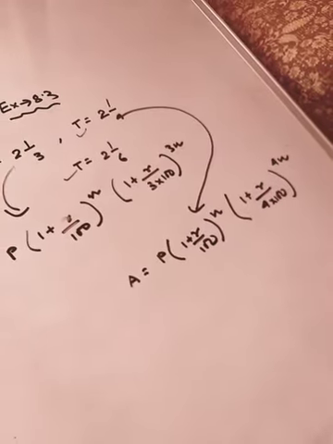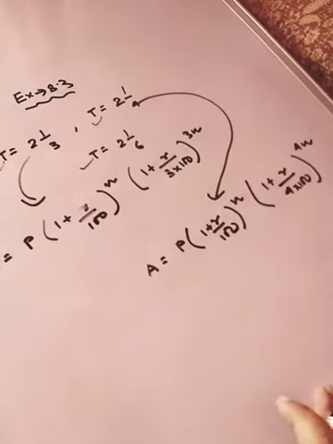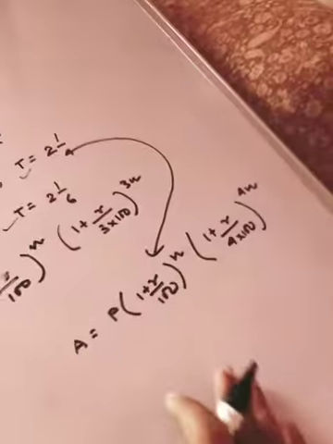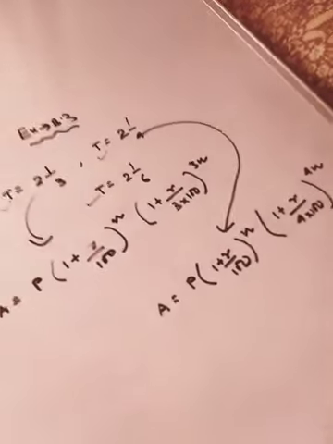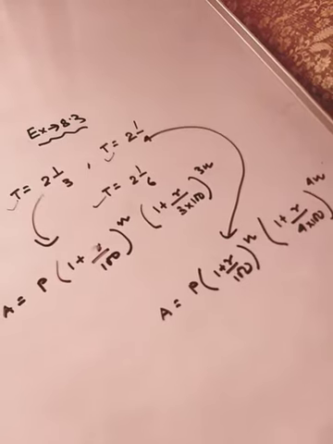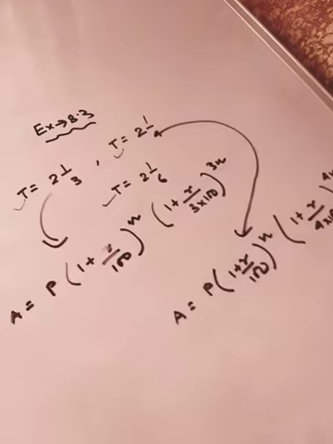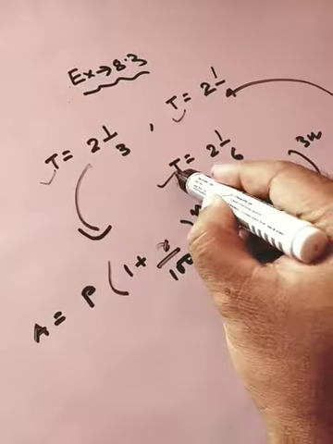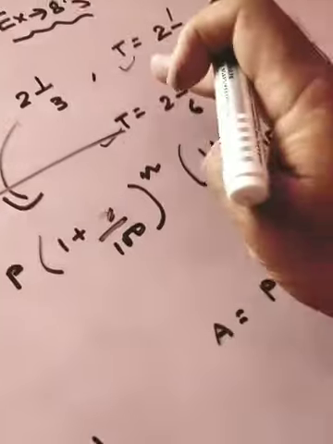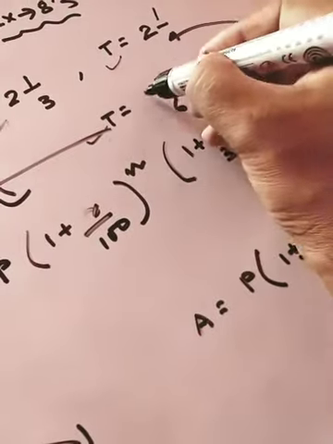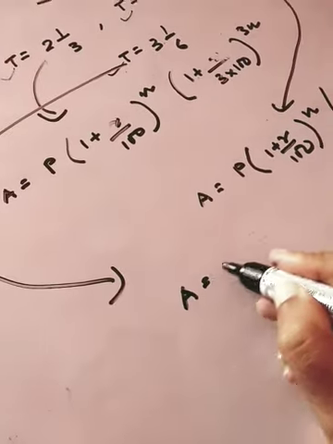Understood? This is a shortcut method by which you can solve. There is another way of solving this type of sum, but if you follow this formula, your solution will be much faster and less time consuming, which is very important during the exam. Now suppose I have written 3 1/6.